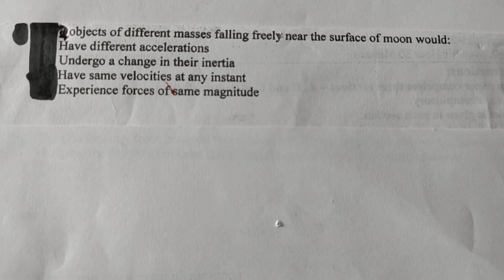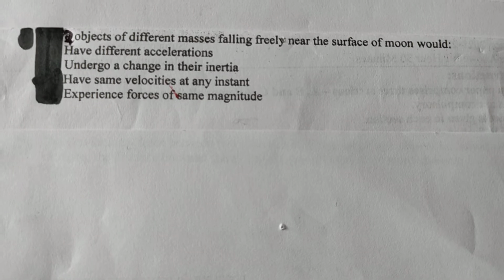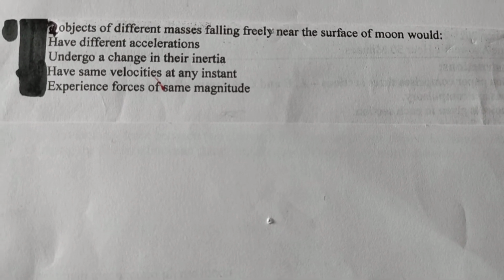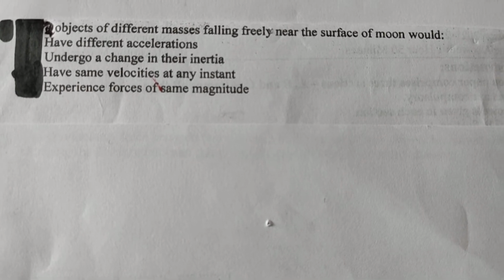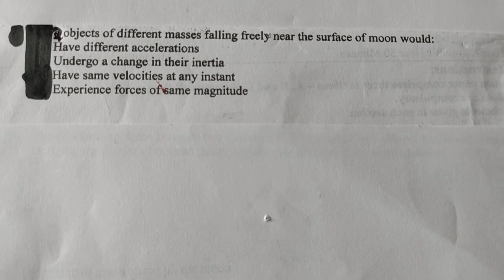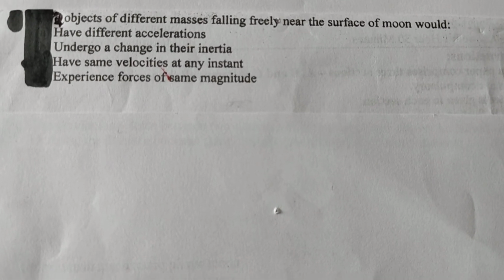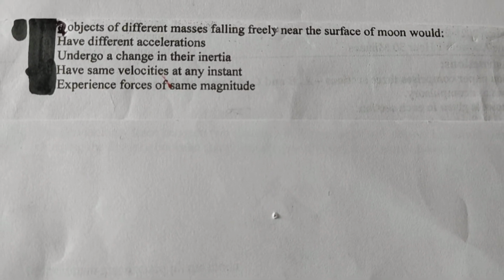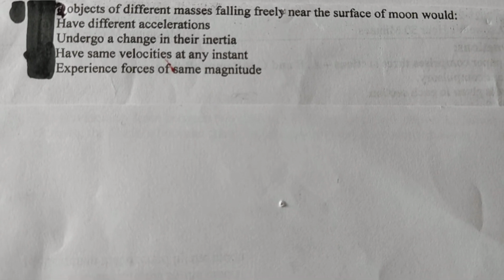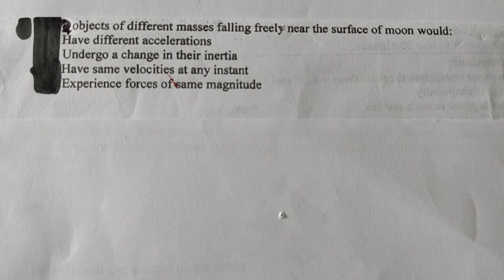Two different bodies have different masses, so their weights, equal to m1g and m2g, where g is the acceleration due to gravity of the moon, will be different. Hence they experience forces of different magnitudes, not of same magnitude. So first, second, fourth options are wrong.